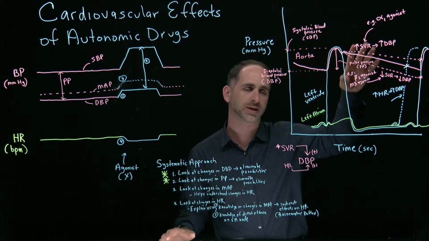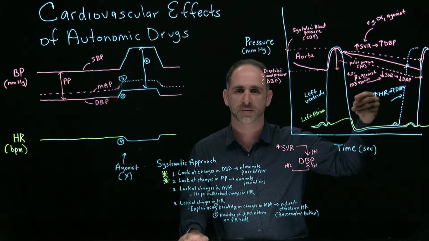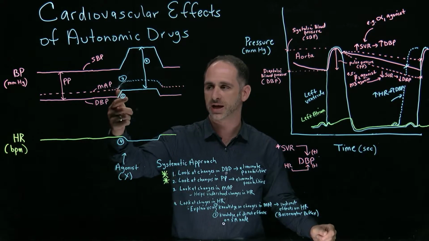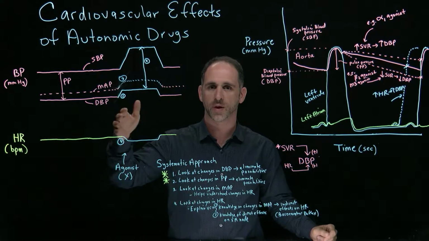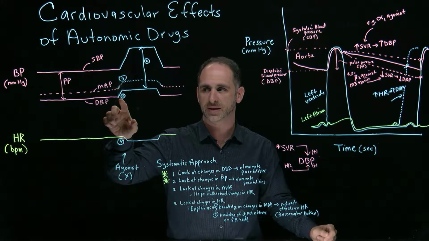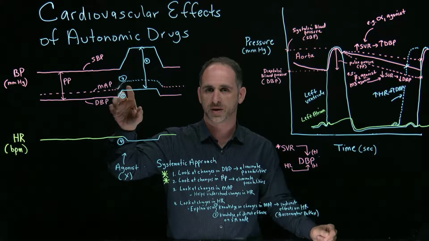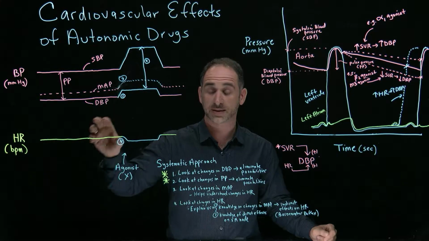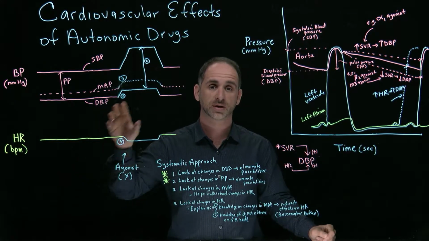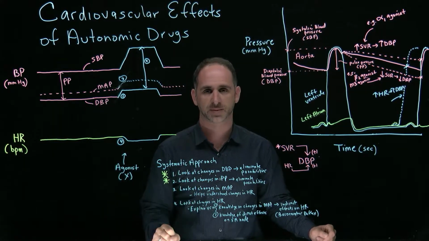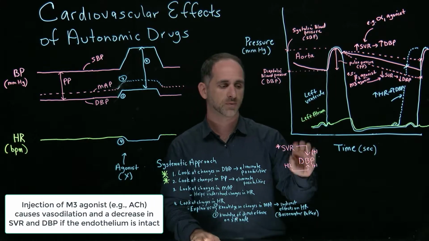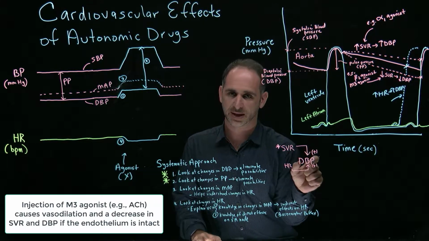So this is not a complete list, but it's to get you thinking about when we're looking at a change, like in this example, which we will walk through. You see that the diastolic blood pressure is going up, and then that is going to help you, based on the drugs and what you know they do, to try to sort it out and eliminate possibilities. All right? So that would be our discussion for the diastolic blood pressure.